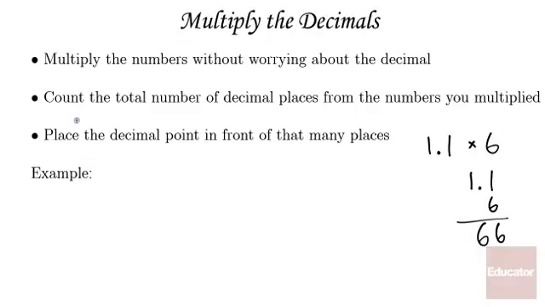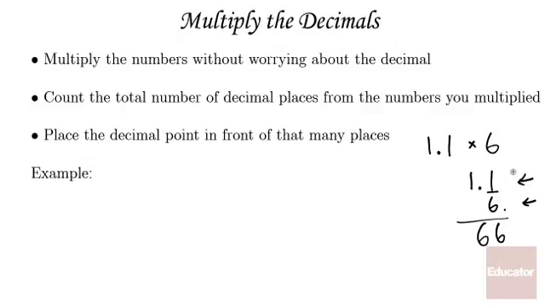And then what you do is you count the total number of decimal places from the numbers you multiplied. So from these two numbers, you're going to count how many numbers are behind the decimal point. Here I have one number, and here I have none, because the decimal point is behind the 6.